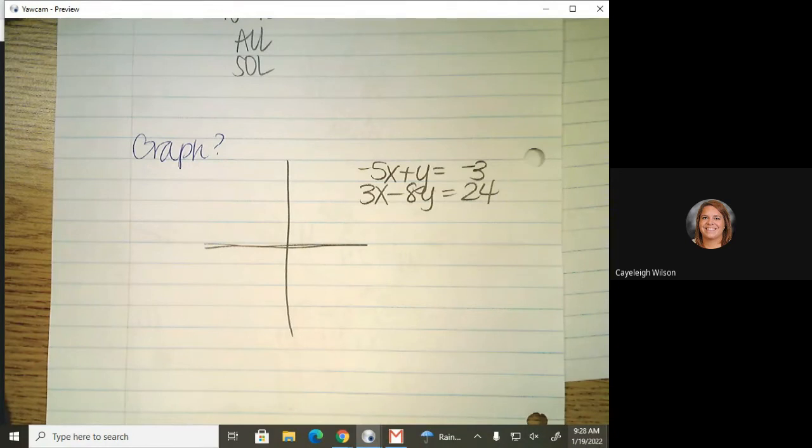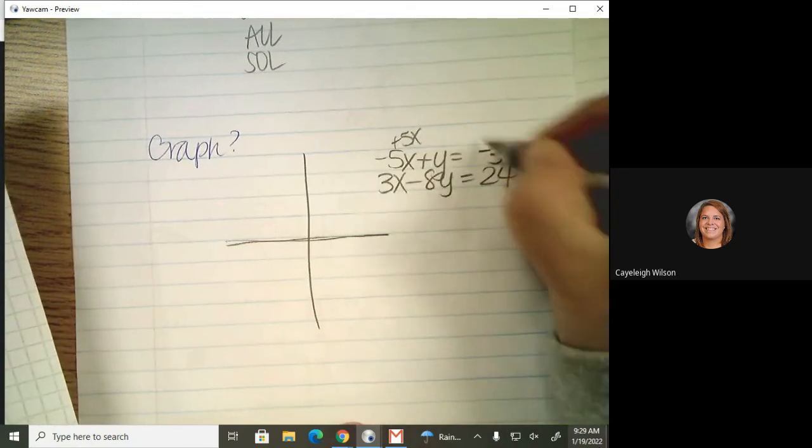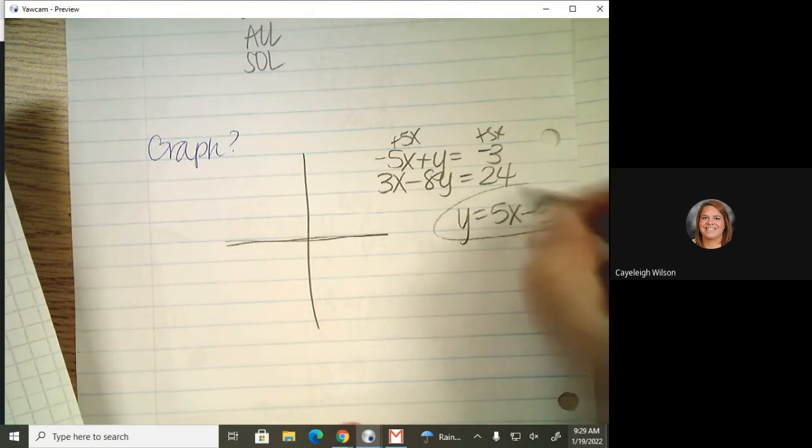When looking at these two, you will notice that neither of them are solved for y, right? So you're going to have to solve them both for y. Found some graph paper. Okay, so the first one, I'm going to add the 5x. So that's y equals 5x minus 3.